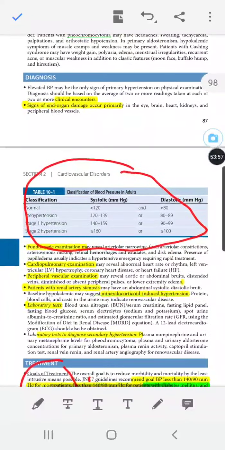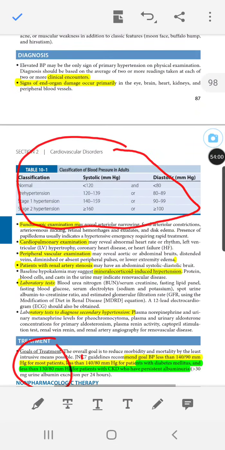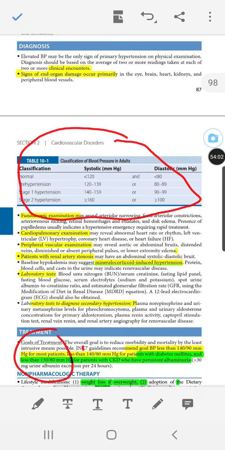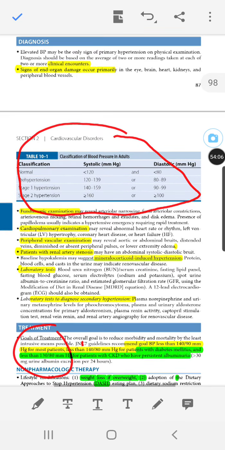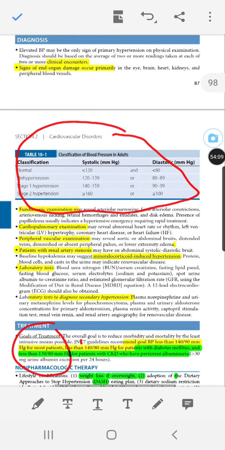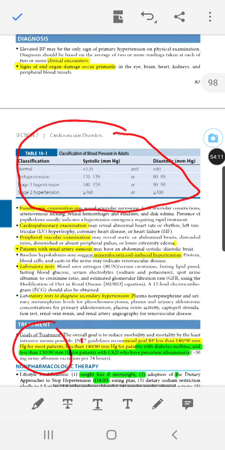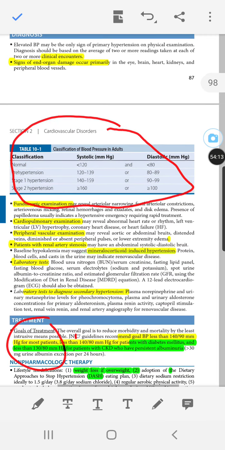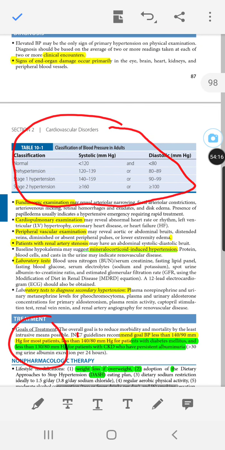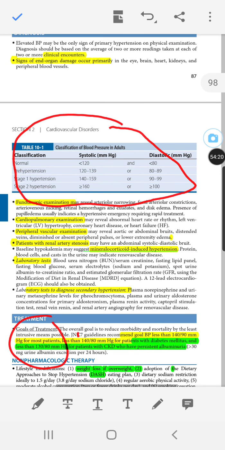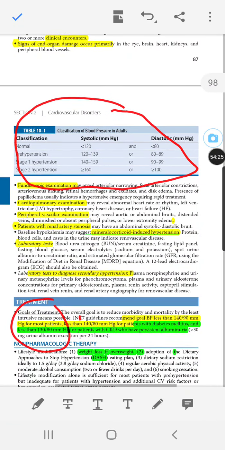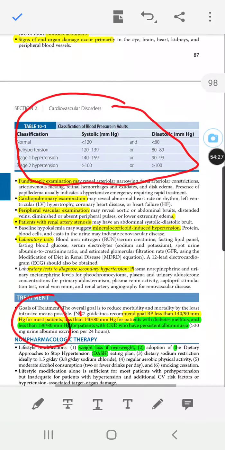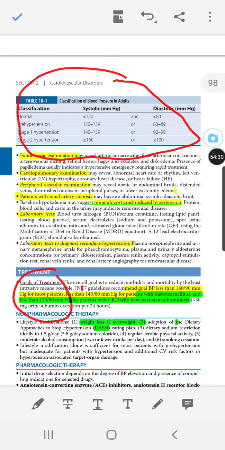And here is the diagnosis. Diagnosis is not our point of concern, but you can see we should measure the blood pressure with a sphygmomanometer, and we should take 2 to 3 readings and then take an average in clinical settings, or also look for signs of end organ damage, and other diagnosis by fundoscopic examination, cardiopulmonary examination, lab tests.